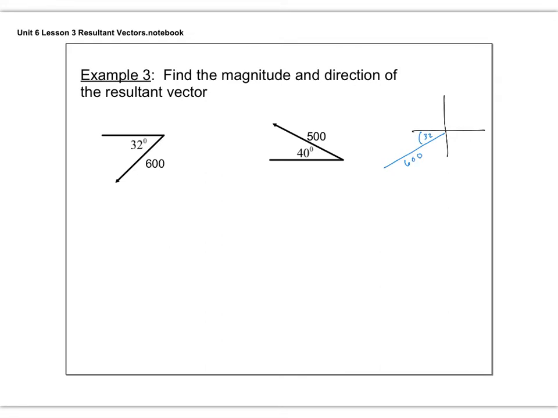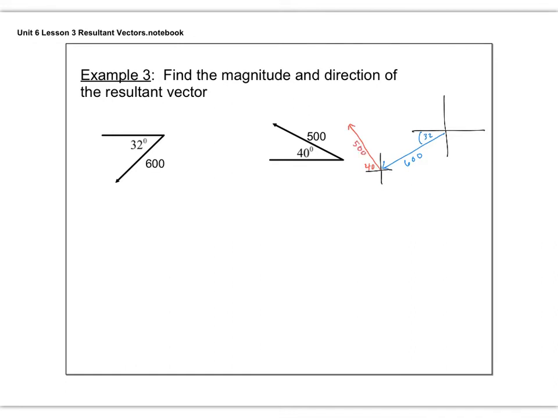And then from the tip of that vector, if I imagine another little origin right there, another little coordinate plane starting from there, the next one has to go 40 degrees, so it's going to go up a little steeper, but only 500. So let's say this is 40 degrees, and this is 500.